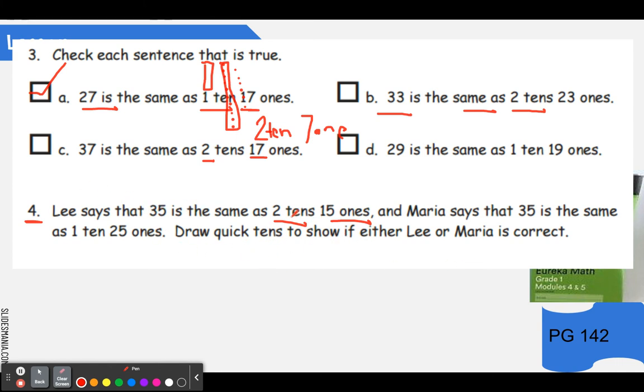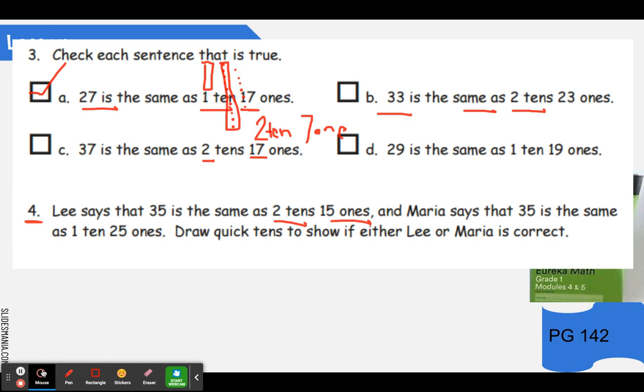Go ahead and fill this in. Draw a picture and draw quick tens to show me if either Lee or Maria is correct.